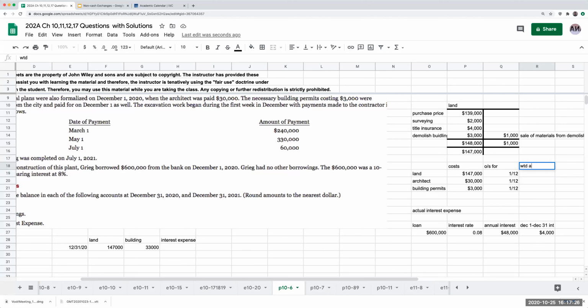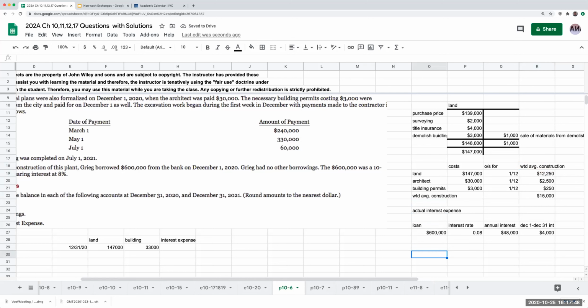So my weighted average construction is going to be 147 divided by 12, 30,000 divided by 12, 3,000 divided by 12. So my weighted average construction expenditures is going to be 15,000.